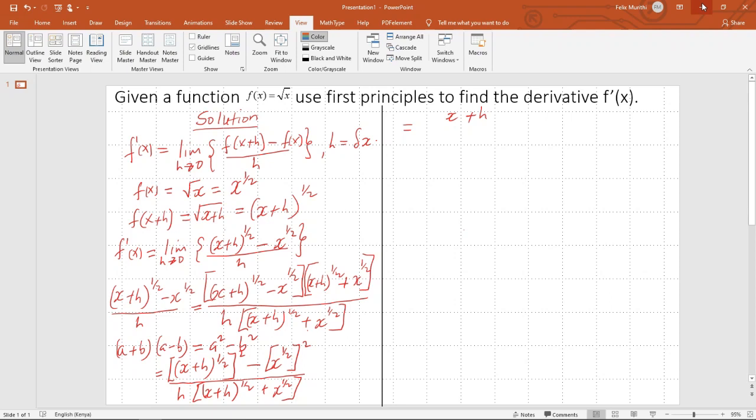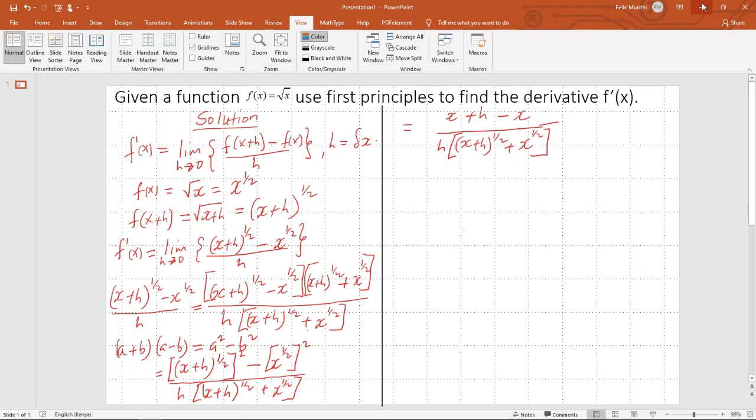Then minus x power half squared is going to give us x, all over h into x plus h power half plus x power half.